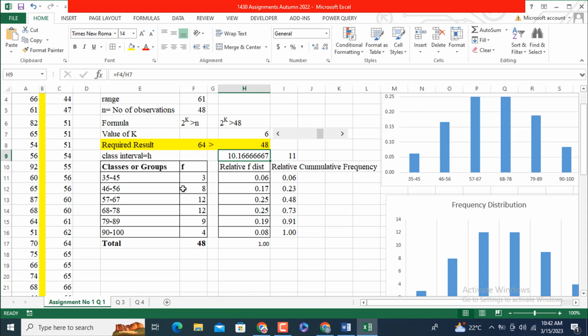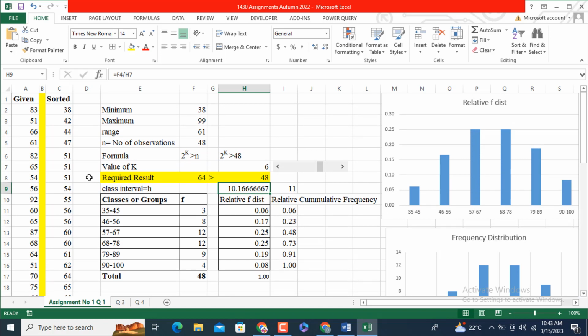So there is a need to add another column which is termed as tally, and you count. How do you count this one? Look at the data. How many observations fall in this group, 35 to 45? Look at this: 38, 42, 44. Only the first three observations belong to the group 35 to 45, so the frequency is 3.